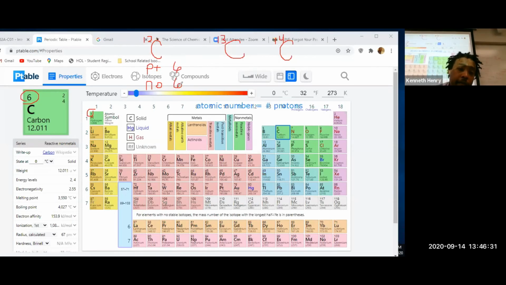And we know that elements on the periodic table are always going to be neutrally charged, right? Because they're elements on the periodic table. So how many electrons have to balance out the number of protons for carbon 12?